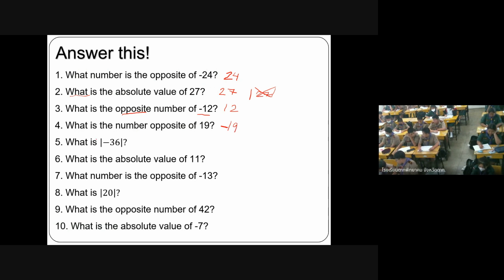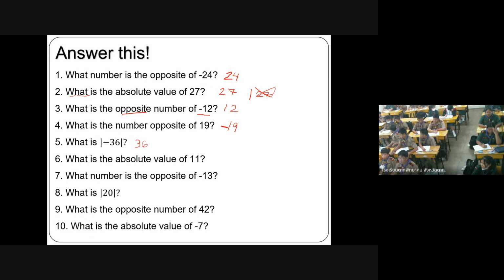Next, number 5. What is the absolute value of negative 36? The answer is 36. Remember, absolute value is always positive. Next, number 6.